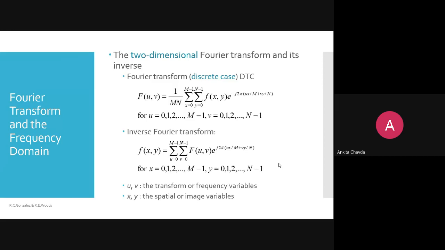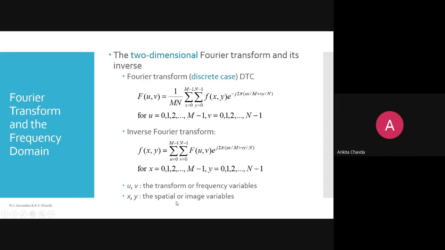This is for the two-dimensional case. Here we are having u and v, so you will divide with 1 upon m and n, both m into n, and you are applying everywhere x and y both. So here ux divided by m plus vy divided by n. Same way for the reverse. So please note it down here. Here you can check, u and v are what? The transform, or you can say the frequency domain variables.